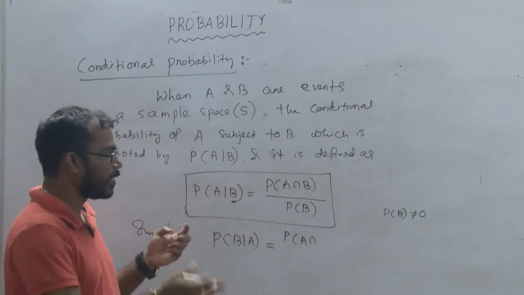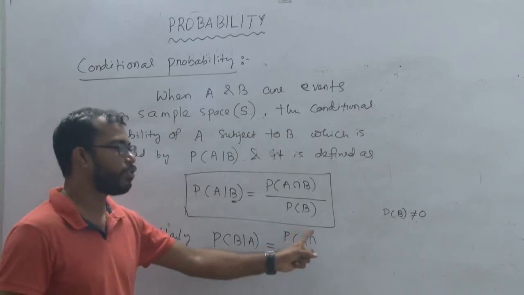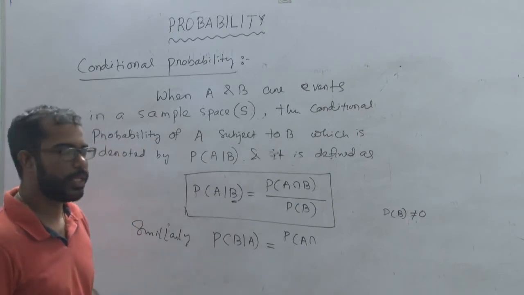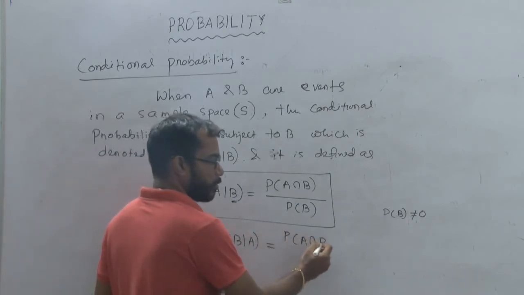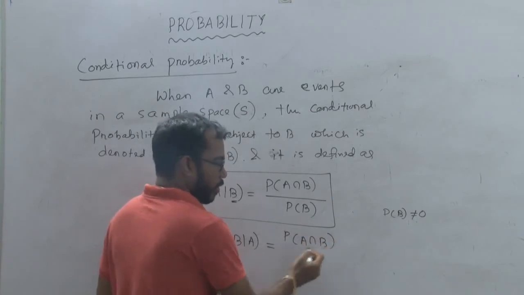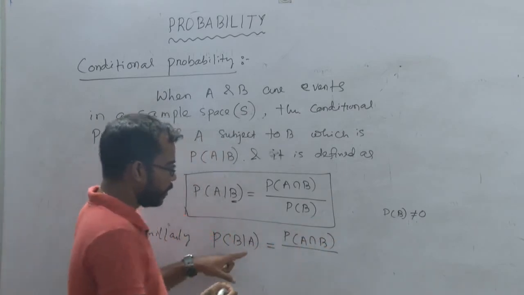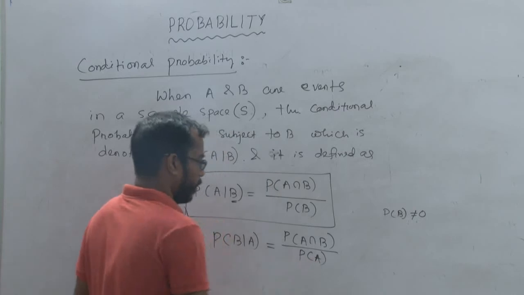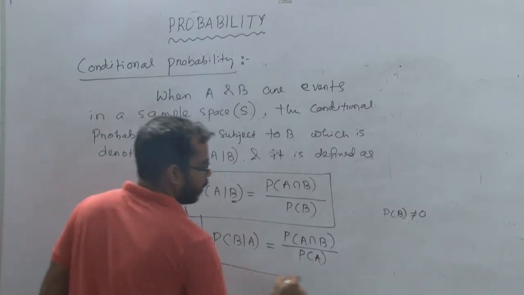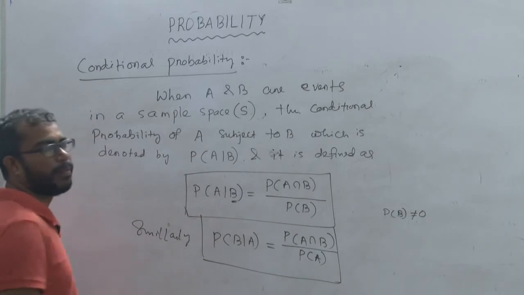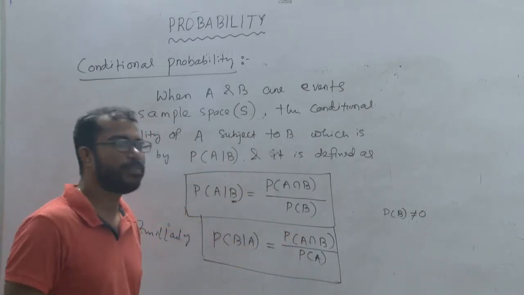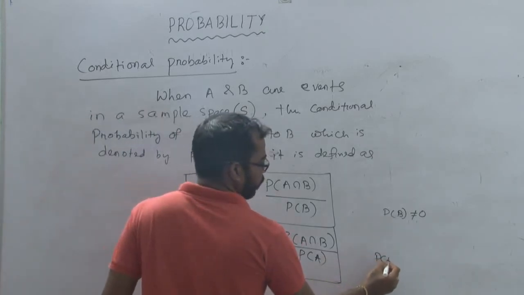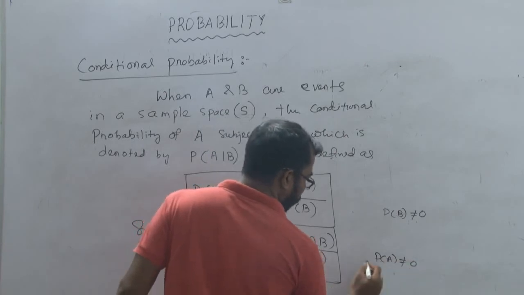Because it is an interchange of A and B, we can write B intersection A, because we know A intersection B is equal to B intersection A. So we can write A intersection B or B intersection A divided by, as you see here, A is the denominator, so we write probability of A. So similarly, probability of B by A is equal to probability of A intersection B by probability of A, and its condition is that probability of A is not equal to 0.